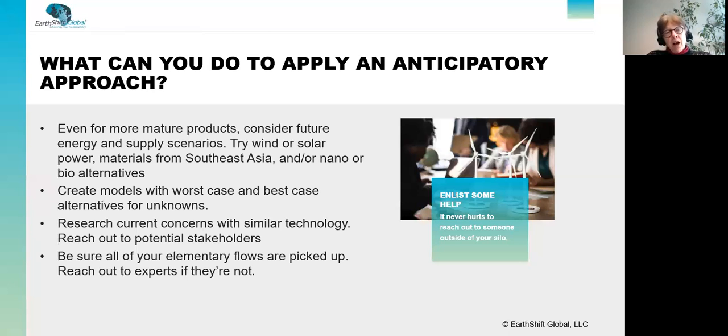Now, if they're not getting picked up, what do you do? Again, we go back to what Valentina said last time. They need to be added to the impact assessment method, and that can be done. There are people who can teach you how to do it yourself. That works best if you can already do risk assessment.